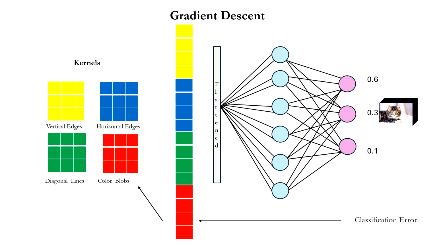Then backpropagation takes that error and drives it all the way backward to physically rewrite the numbers inside the 4 original kernels we started with. So gradient descent tunes their weights so that the next time the network looks at an image, it sees those edges and colors with much higher accuracy.